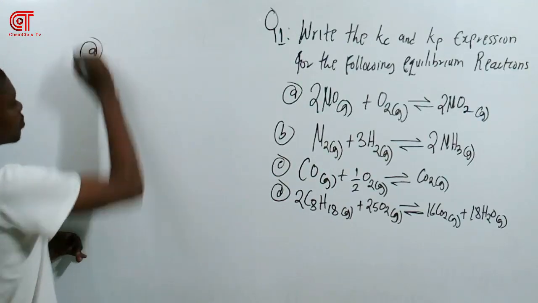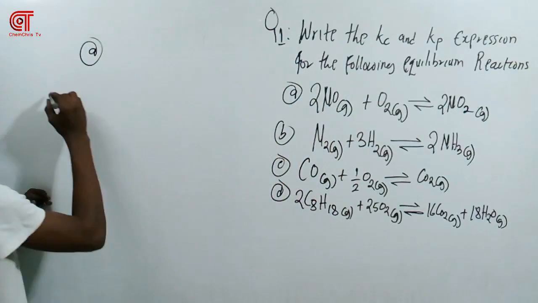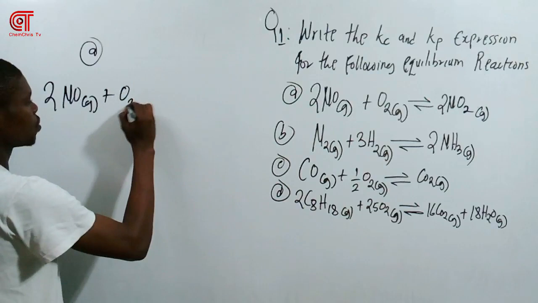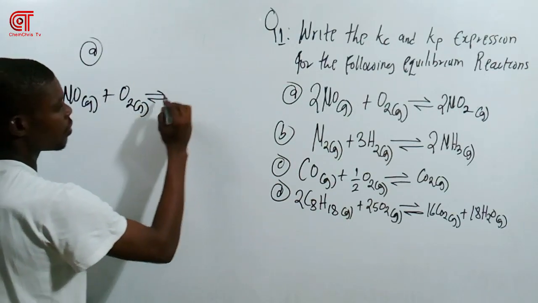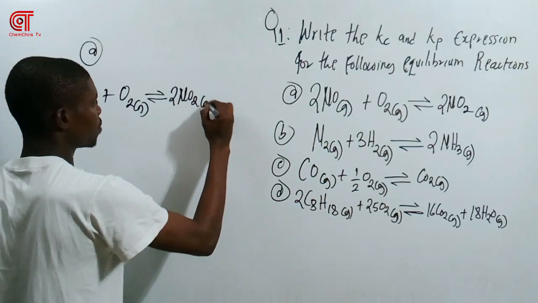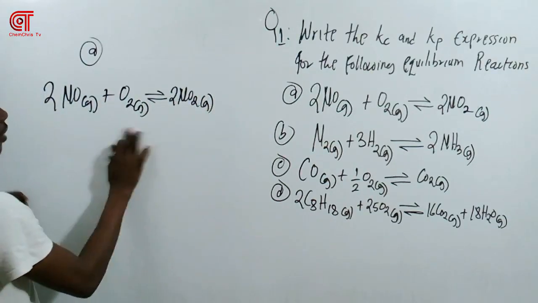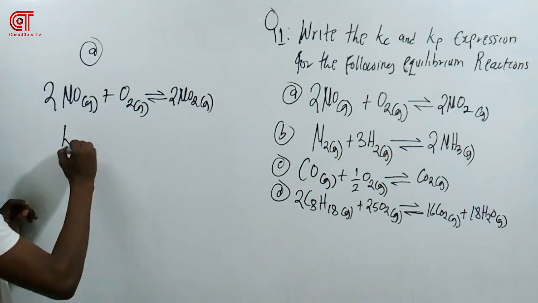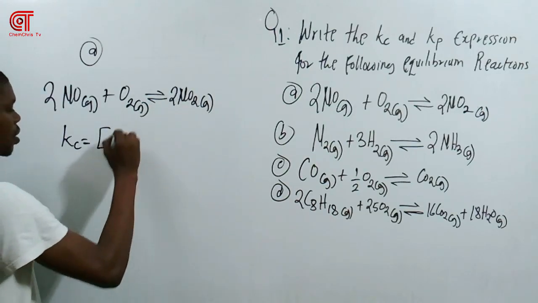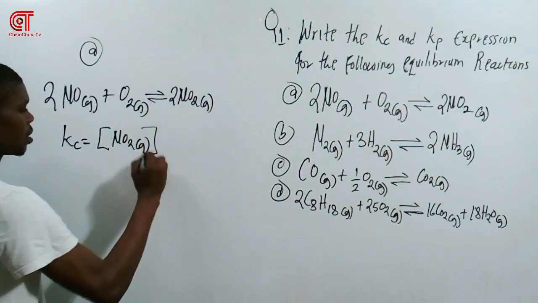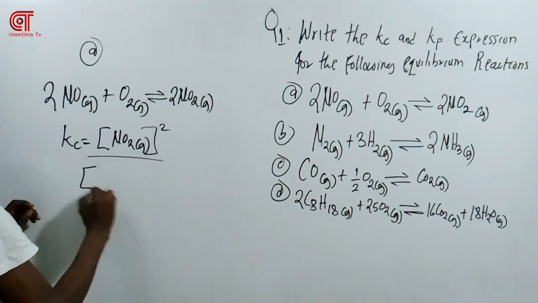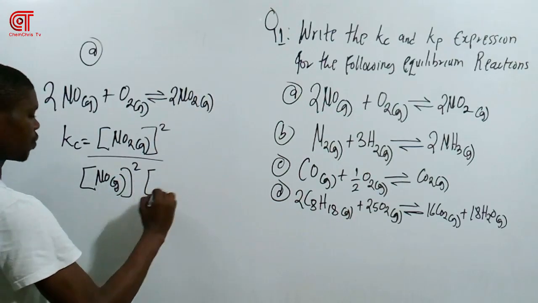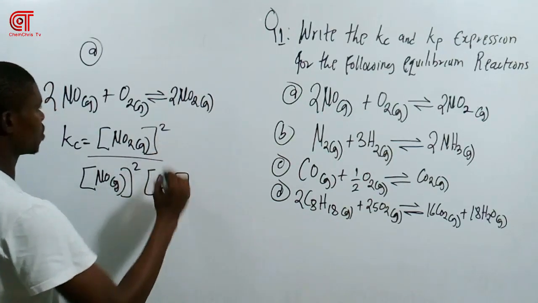So here we have A. Look at the reaction here: 2NO gas plus O2 gas gives 2NO2 gas. You can see that the reaction is balanced. So you have Kc equals NO2 gas, this is 2, over NO gas, this is 2, and O2 gas, this is nothing.